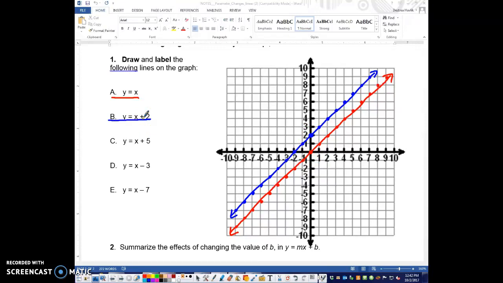So what do you think is going to happen when we add a plus 5? Let's see. Our y-intercept is 5. 1, 2, 3, 4, 5. And our slope is still 1 over 1.